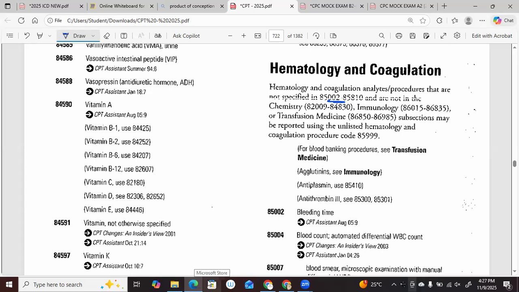Complete blood count includes a hemogram and the differential WBC. Hemogram means the enumeration of red blood cells, white blood cells or platelets, as well as the determination of hemoglobin, hematocrit, and the indices. So CBC is a blood count, which always includes the differential WBC.